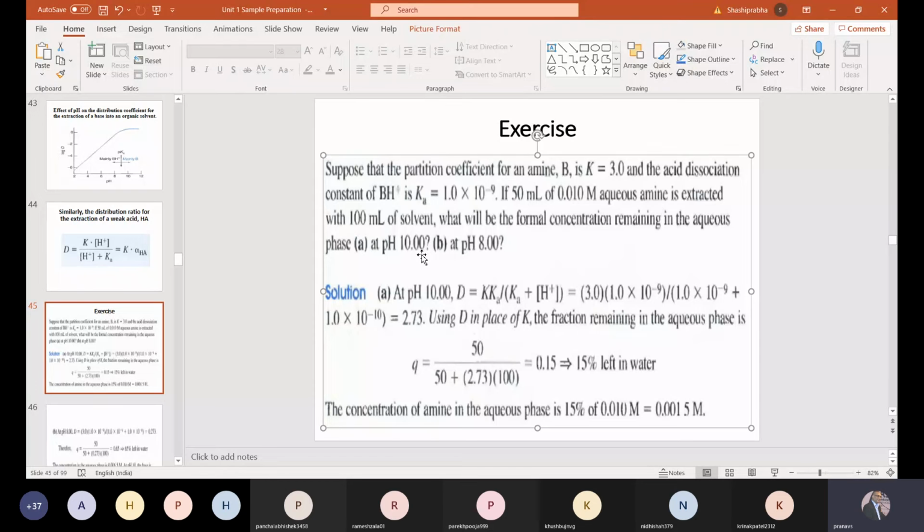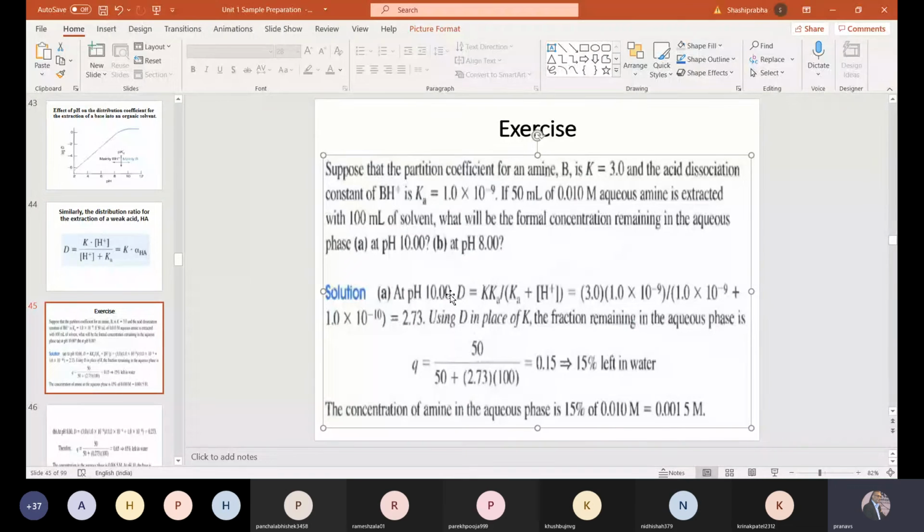Therefore, we have pH 10, so we have very less H plus. And in that case, what D we find is 2.73. See, again, it is less than 3. As I said, D cannot be greater than 3. It can be 3 or less than 3.